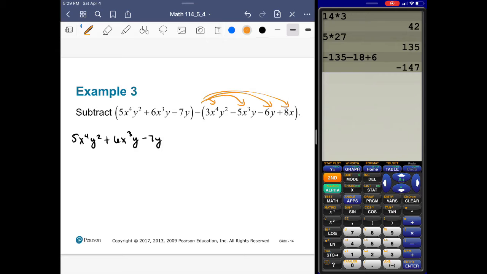So I have a negative times a positive. So I have negative 3x to the fourth y squared plus 5x cubed y plus 6y minus 8x. Like terms, this with this, this with this, and this with this.